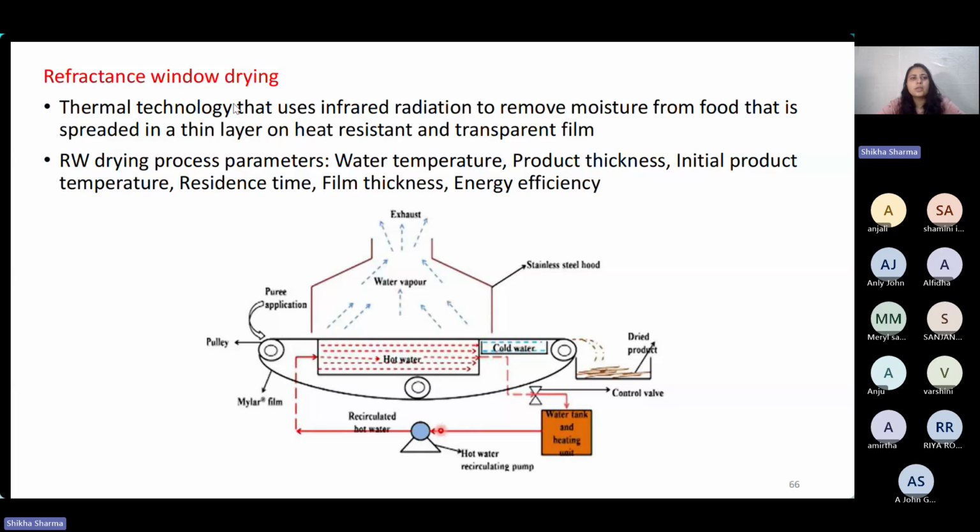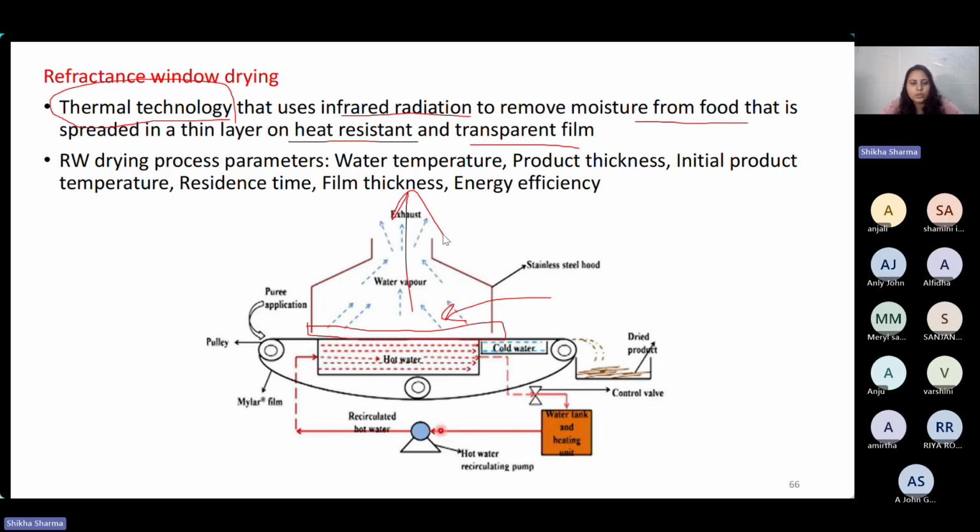Refractance window drying is basically a thermal technology which uses infrared radiation to remove the moisture content from the food. We put our food and spread it into a thin layer on a heat resistant and transparent film. Infrared will come and the moisture will go out like this.